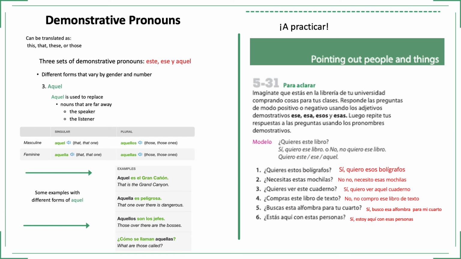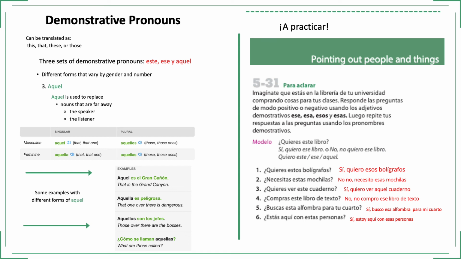Okay. Now, chicos, now that we have talked and learned about demonstrative adjectives and pronouns, let's do this activity. Vamos a practicar la actividad 5.31. Imagínate que estás en la librería de tu universidad comprando cosas para tus clases.